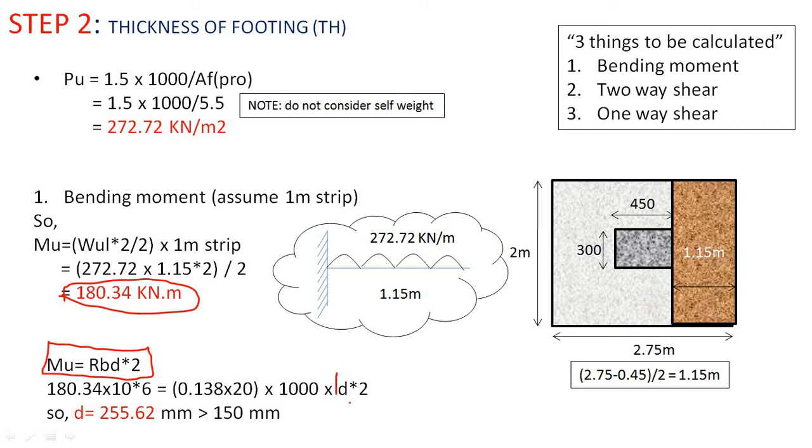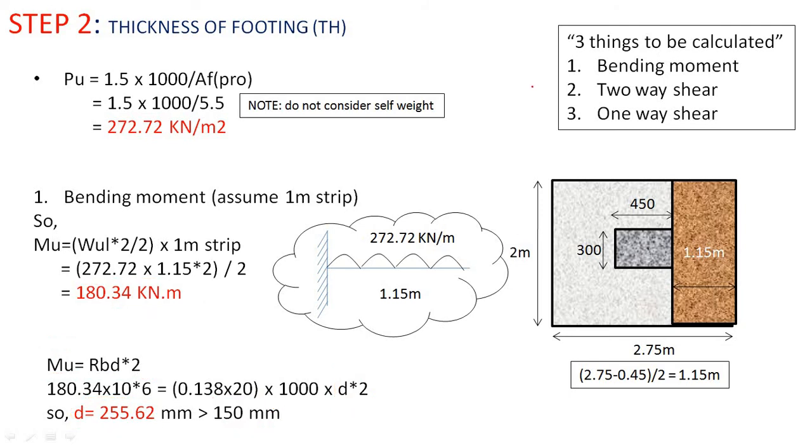So we have to make the subject to the D. So we will have the value of D as 255.62 mm as a depth of the footing, which is more than 150 mm as per the IS code, which we have seen in the further slide. So it is okay. So it is safe against bending moment. It will not fail due to bending moment.